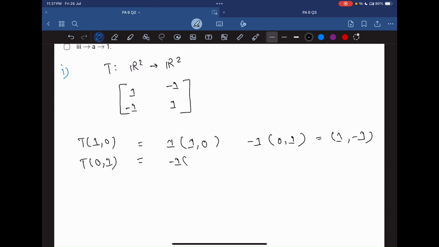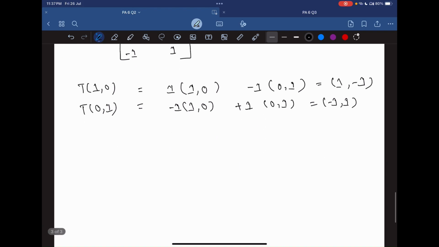And similarly here it would be so we can write any x, y as a linear combination of x times (1, 0) plus y times (0, 1).